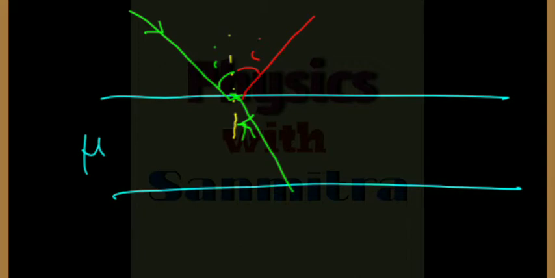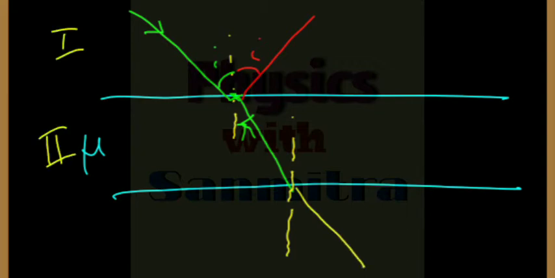Now again let's focus here. This is again refracted. Since this is a rarer medium, these two media are the same. This is medium 1, this is medium 2, this is medium 1. Now this is i again, and a part of it is reflected back, and this angle is r, and this angle is also r.